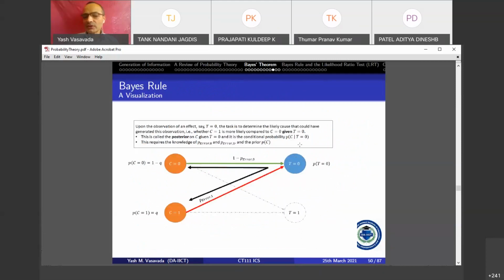When we receive a particular measurement, t equal to 0, then our interest is to determine whether c equal to 0 is more likely compared to c equal to 1 or not. If we get tested for coronavirus and our test result comes out negative, we start celebrating, saying, oh yes, we don't have coronavirus.